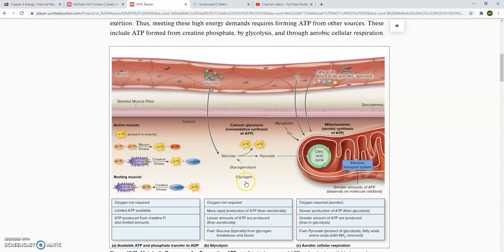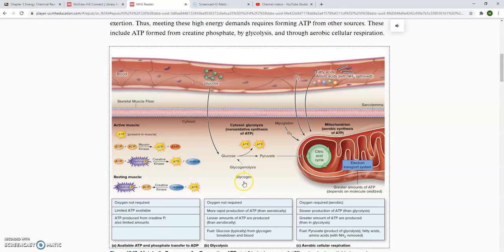And then the other places, recall that we have cells that store glucose in them. The liver was one of the organs where that was done, but the other place was the skeletal muscles. Glycogen is the storage form of glucose. Inside the skeletal muscle cell, we have a bunch of glucose molecules all bound together in the structure called glycogen.